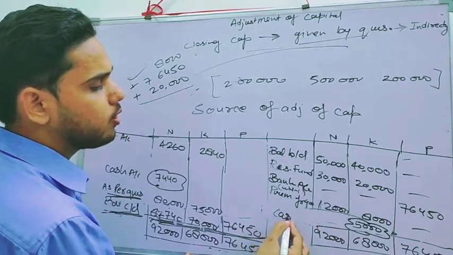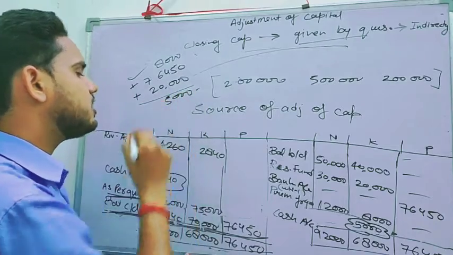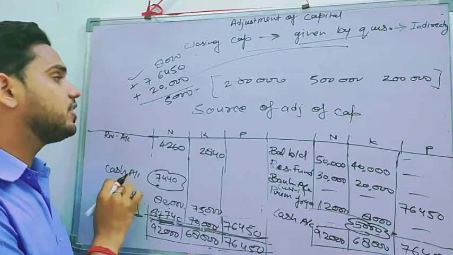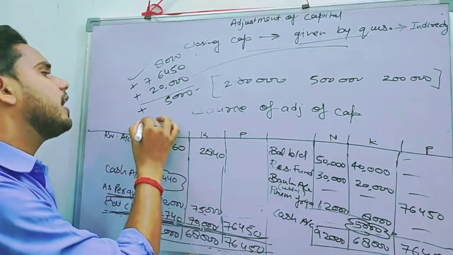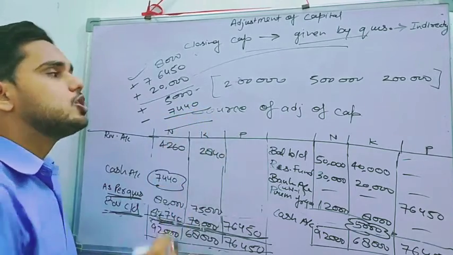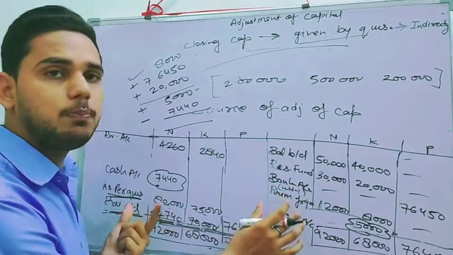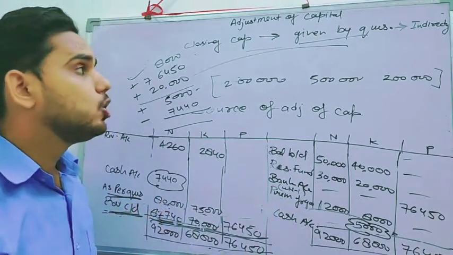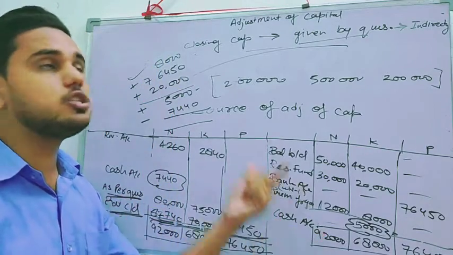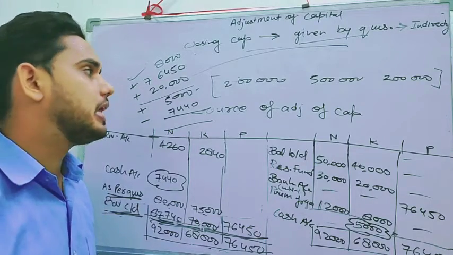So we can say that this 5,000 will also increase our cash balance. Same way, if we have written cash account on this side, that will decrease our cash balance, so we will deduct that 7,440. So what I mean to say is that if you are adjusting capital with the help of cash account, you have to adjust your cash balance accordingly. This side will increase your opening cash and this side will decrease your opening cash, right?